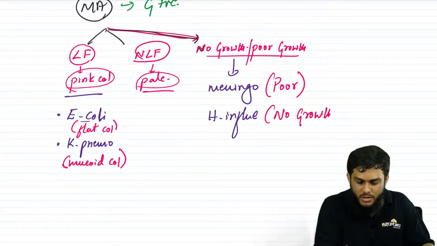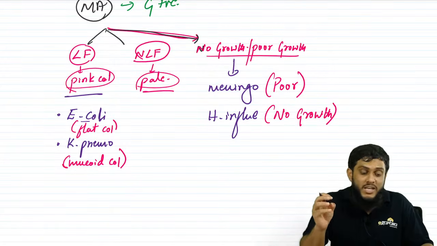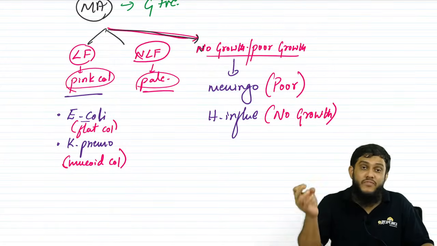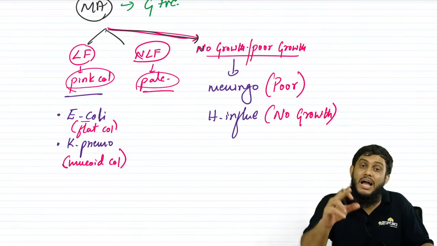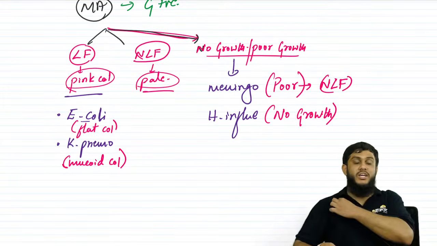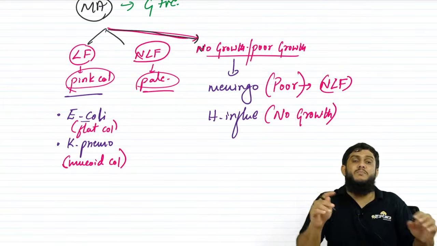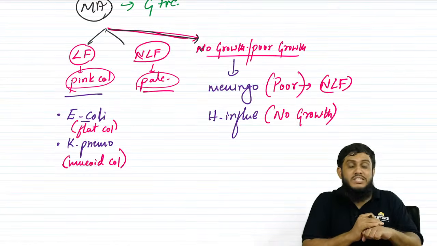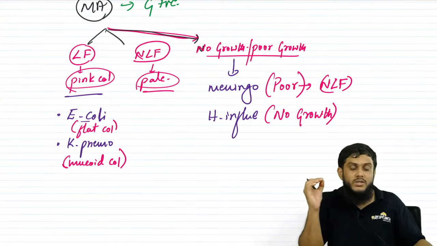When I say Meningococcus grows poorly, if it grows, what type of colonies are they, lactose fermenter or non-lactose fermenter? Non-lactose fermenter. Meningococci grow poorly, or sometimes do not grow, whereas Haemophilus influenzae will not grow on MacConkey.